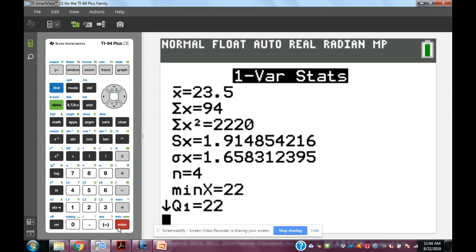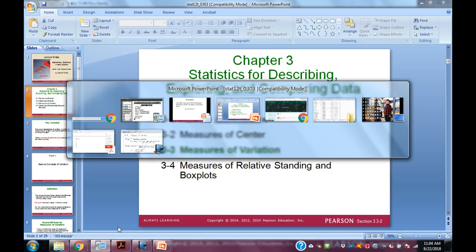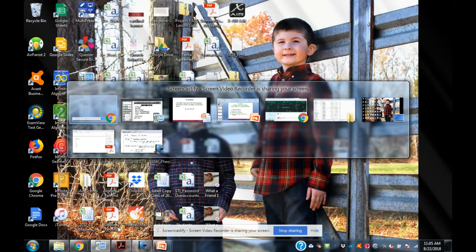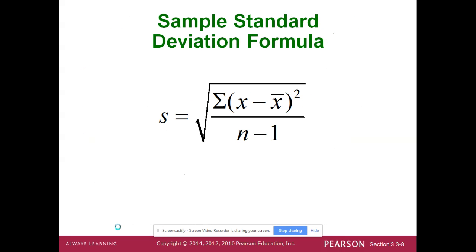Well, you're using that formula right there. So you take each data point and subtract the mean. So you'd have 22 minus 23.5, and then the same thing again, 22 minus 23.5, and then 26 minus 23.5.